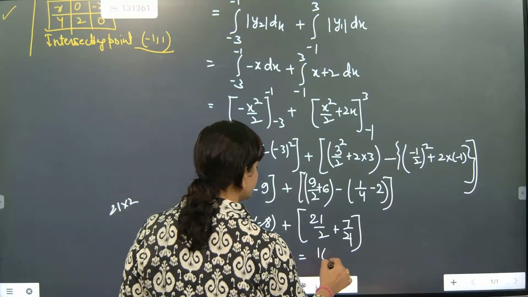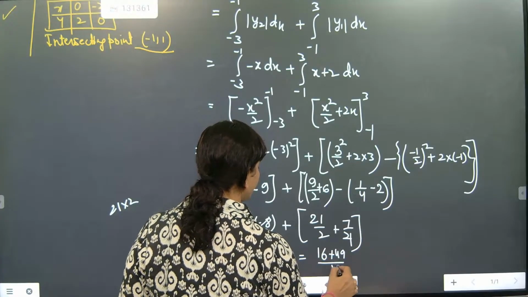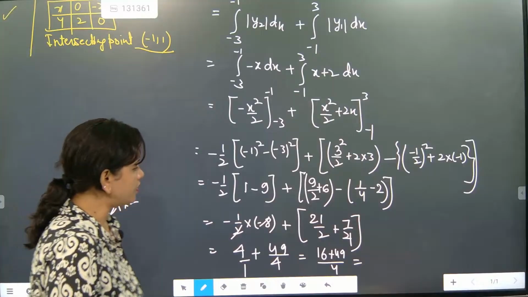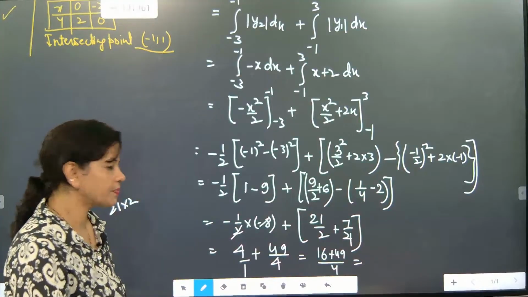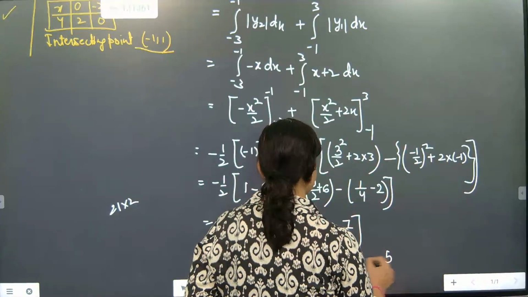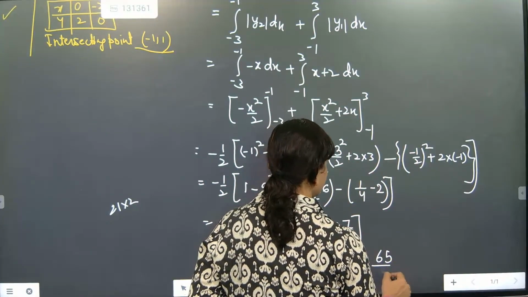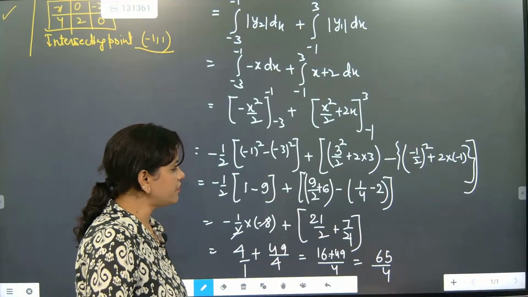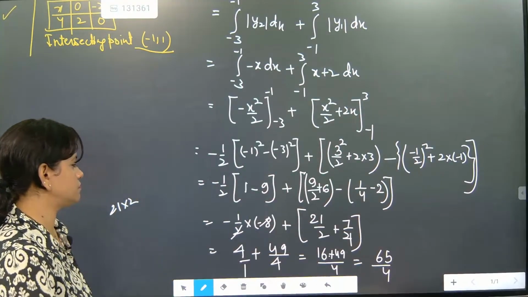So what is the answer coming here? 4 fours are 16, 16 plus 49 by 4. Come on, solve it. What is the correct answer? It should be 64 by 4, so check one time.